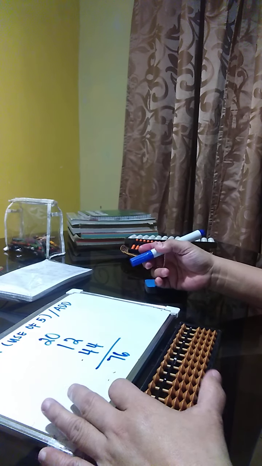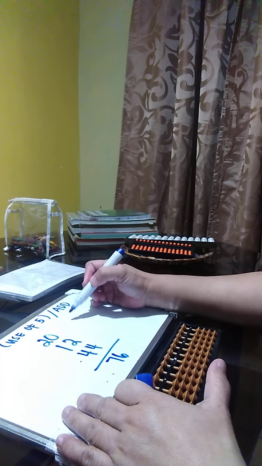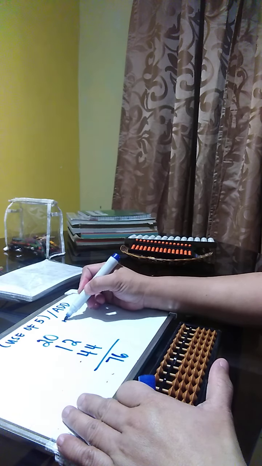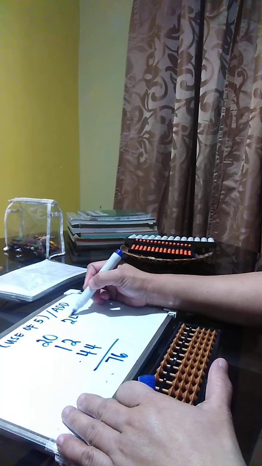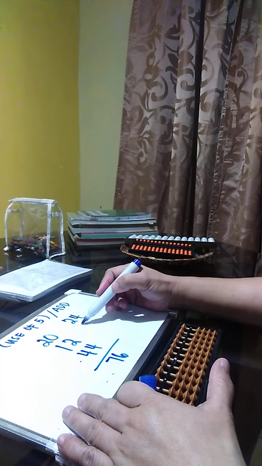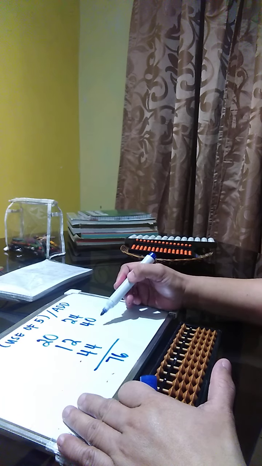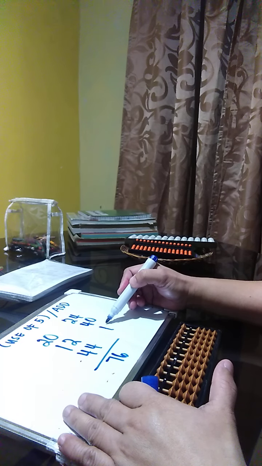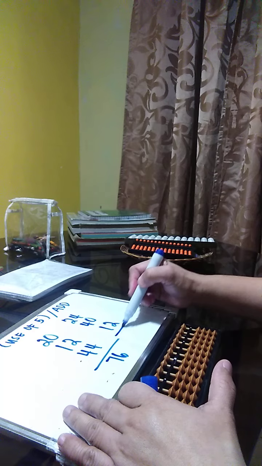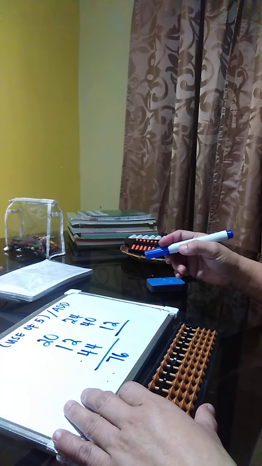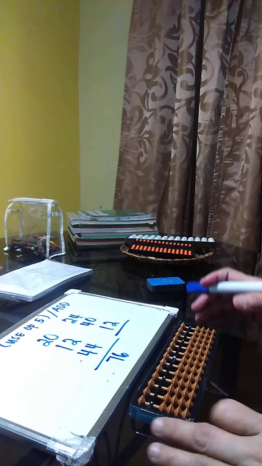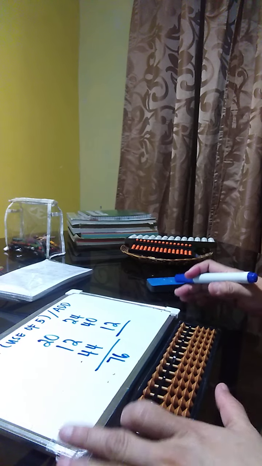Let's have another example. This is tricky. I combined another lesson, not just add 4. There's a part that is not part of the add 4 or add 40 lesson.